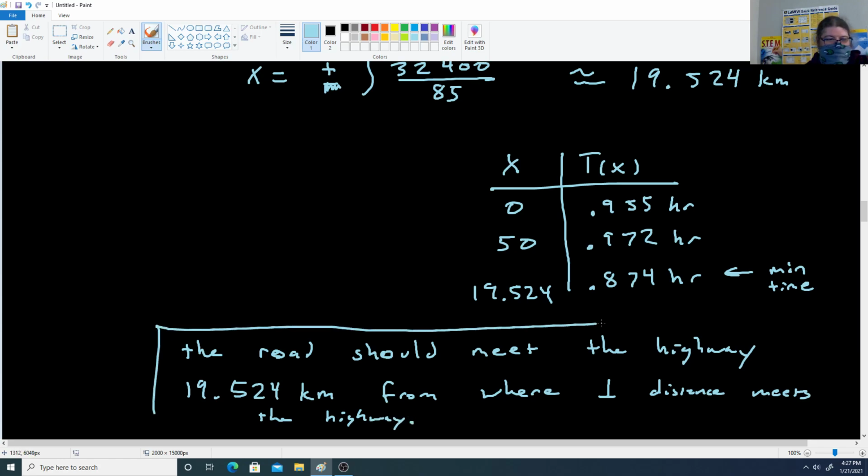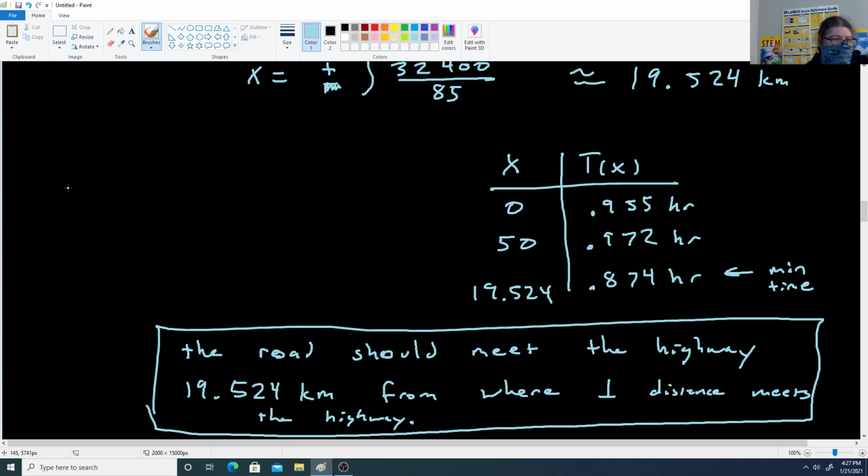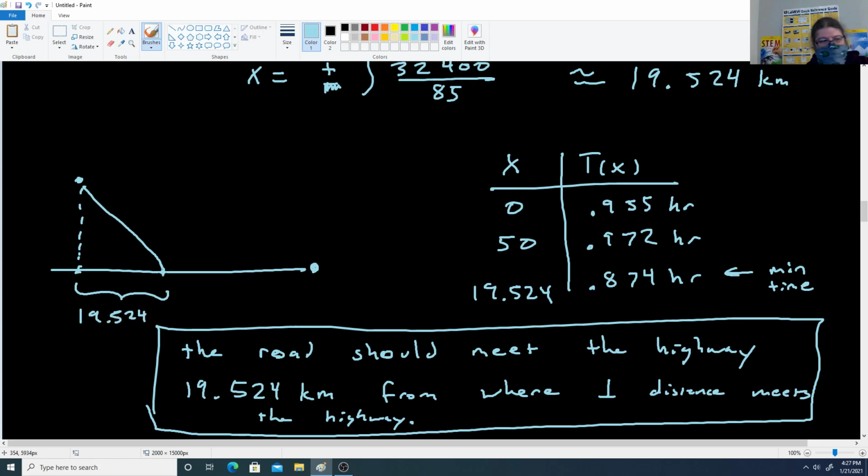Okay, so basically here's the ranch right here, here's the city. So here's where the perpendicular distance meets the highway, and the road should come in 19.524 kilometers down from the perpendicular distance is where the road should meet the highway.